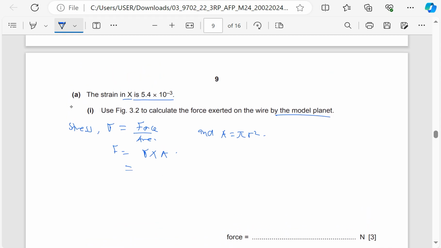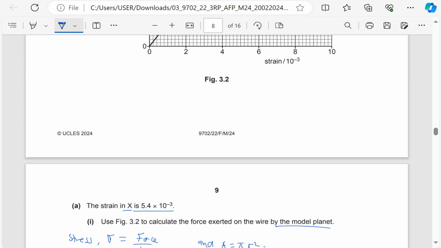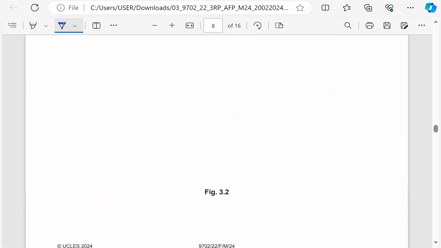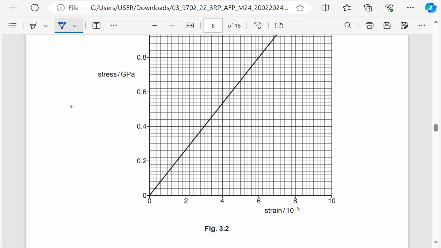The strain is 5.4 times 10 to the power of minus 3. So the scale here is 0.2, 1, 2, 3, 4, 5, that is 5, this is 5.2, and 5.4 is here. The corresponding stress: the scale on the vertical is 0.02.